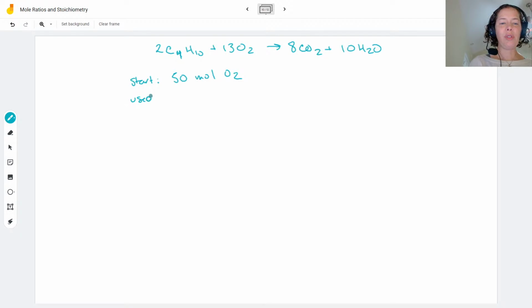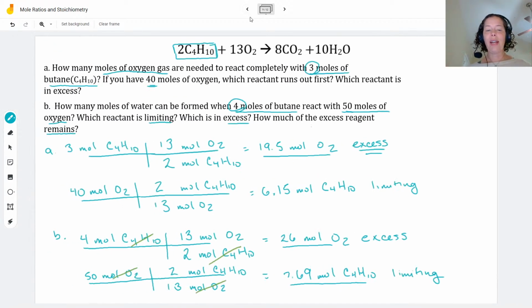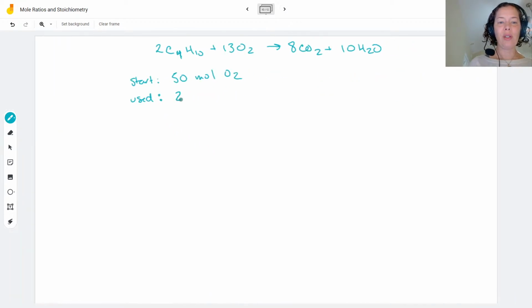How much was used? I've actually already done this calculation. Woohoo! To react all 4 of my moles of butane, I used up 26 moles of O2.